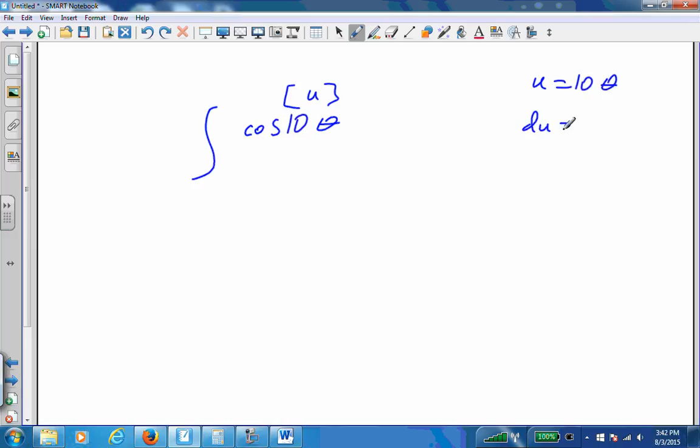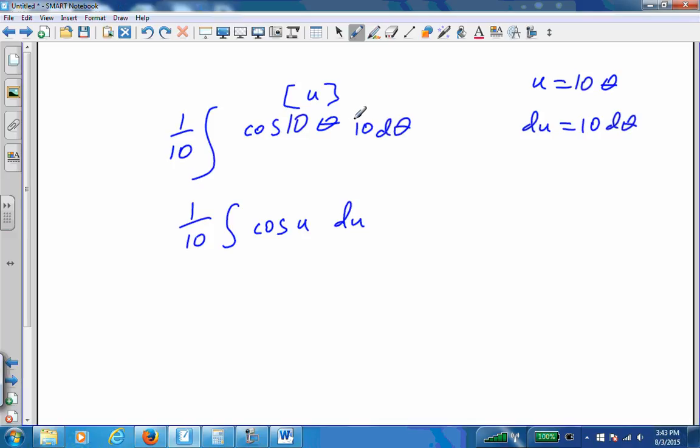What would du then be? 10 d theta. So we've got cosine 10 theta d theta, so we need a 10 and a 1/10. So that's 1/10 the integral of cosine u du. I'm just going to integrate cosine, and then take that answer times the 4.